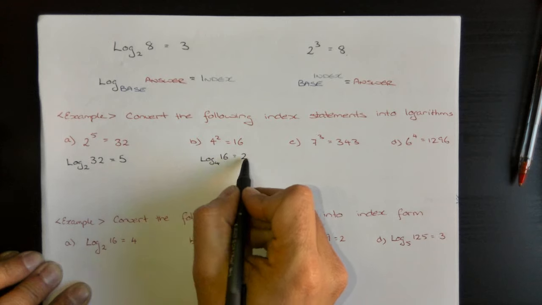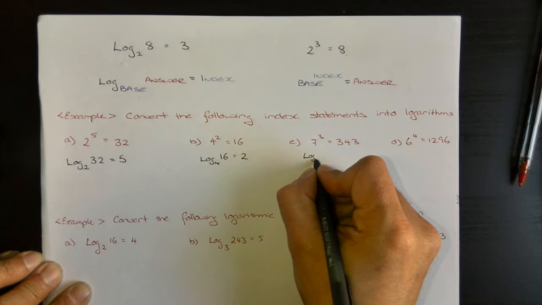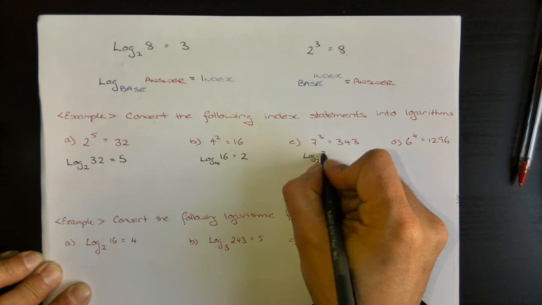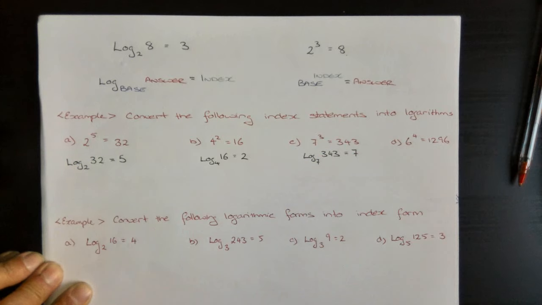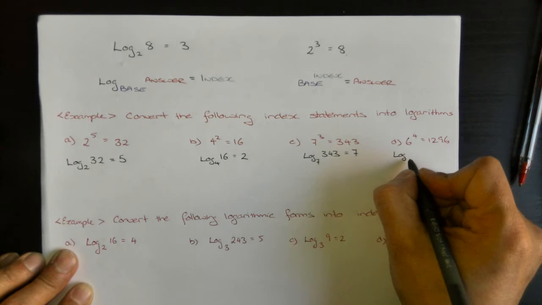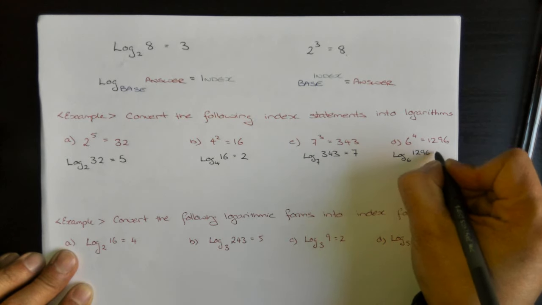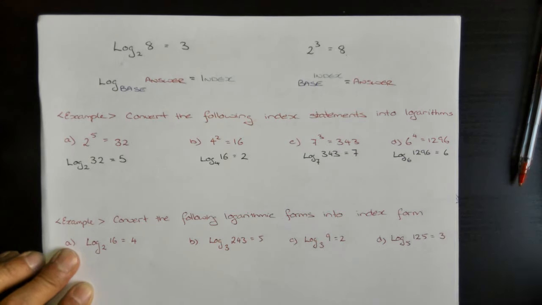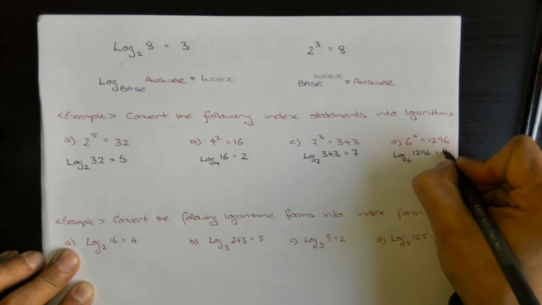Base, answer, equals index. Log 7 is the base, then followed by the answer, 343, is equal to the index, 3. Okay, so last one, log 6 of 1296 is equal to 4, the index.